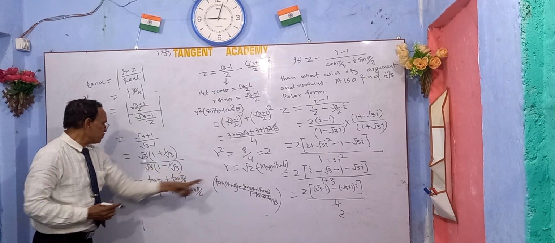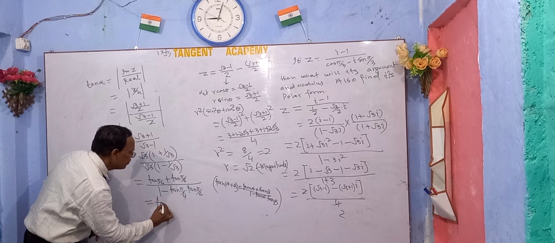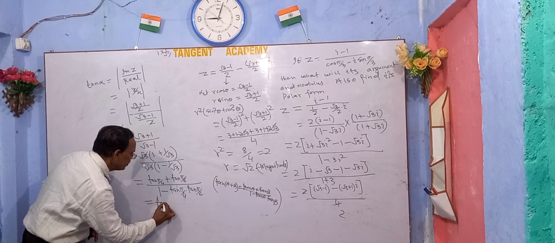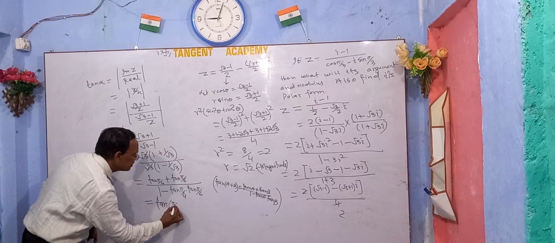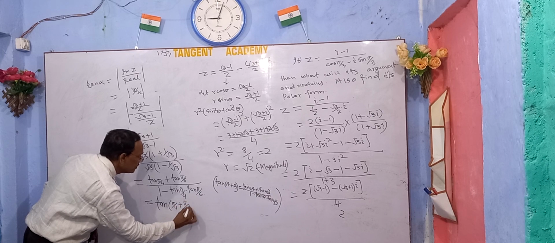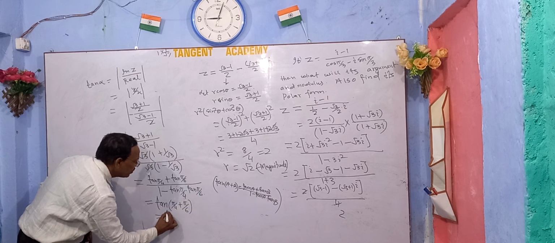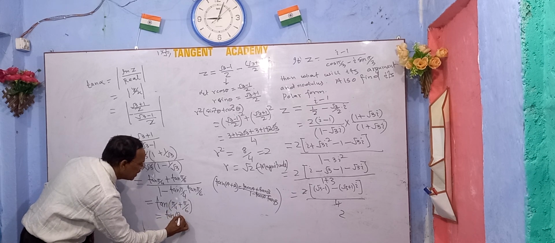So, applying this formula, we can have this value yields to tan(pi by 4 plus pi by 6), which is equal to, after taking LCM and adding both the terms, tan 5 pi by 12.